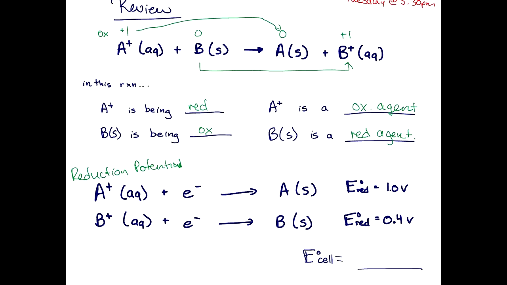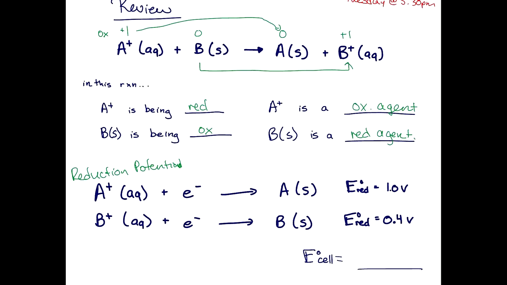But the problem is both of these half reactions are in the reduction form. But we just noted that A plus is being reduced, so the A plus half reaction will work here, but B solid is being oxidized, but I give you a reduction half reaction. So in a redox reaction, reduction and oxidation occur, but we give you values of just the reduction values.